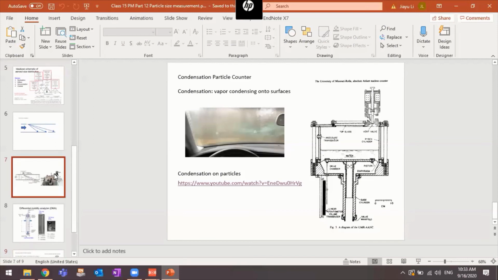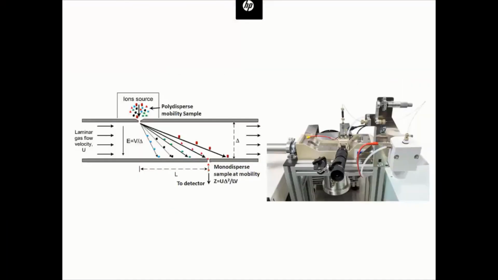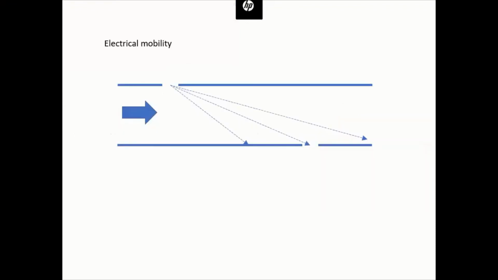We can come back to this instrument here. What we can do right now is couple this condensation particle counter to measure the number concentration of the particles that are being classified, right? So let's say we apply 1000 volts of high voltage onto this base plate.